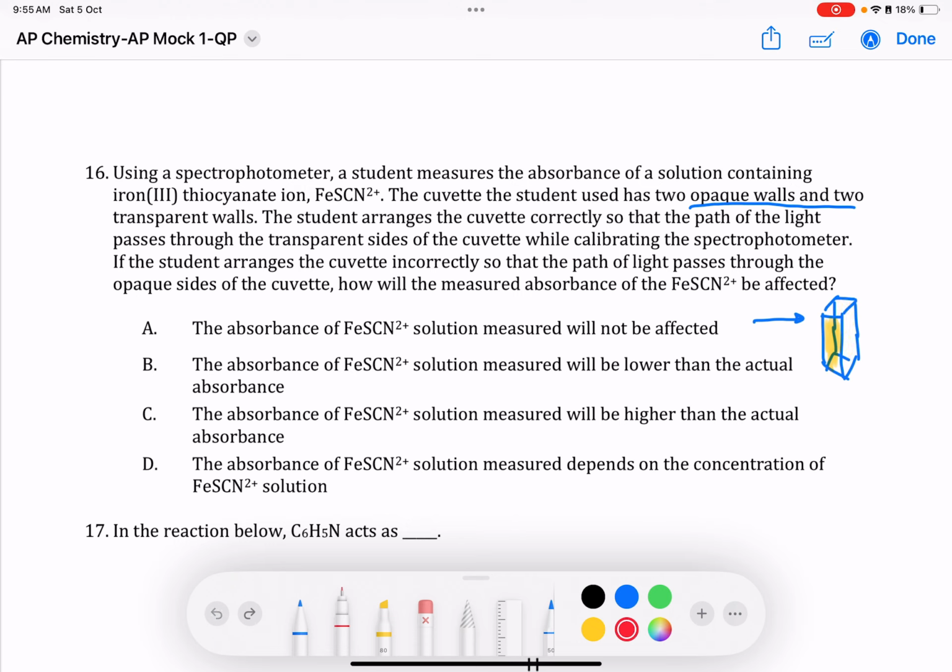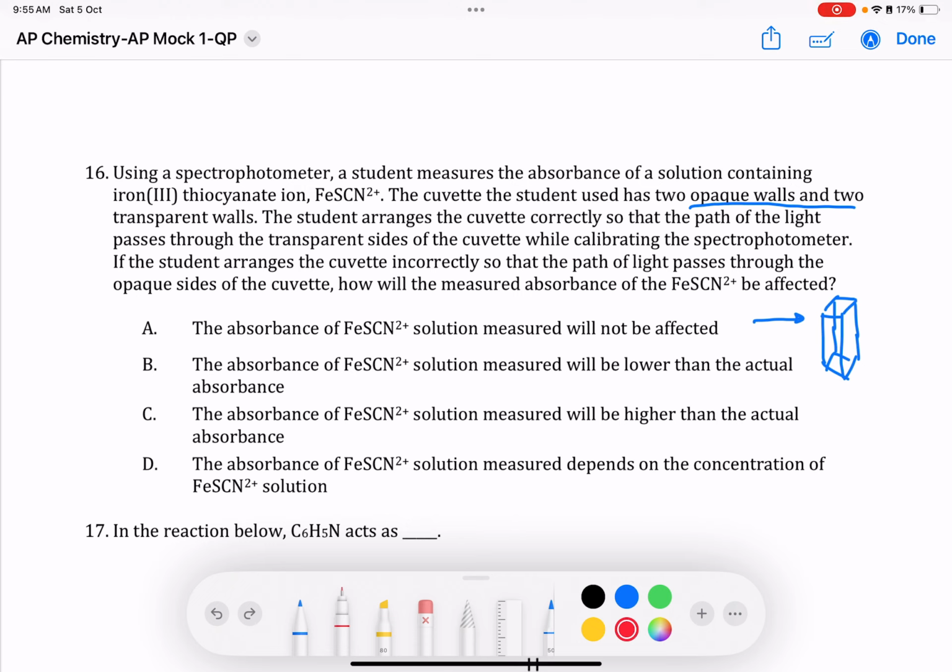So going through the unshaded area, it will show you the maximum absorbance. However, if you have fingerprints on this area and you held it with your fingers, the absorbance will be affected, reflecting a higher absorbance. So let's continue the question.